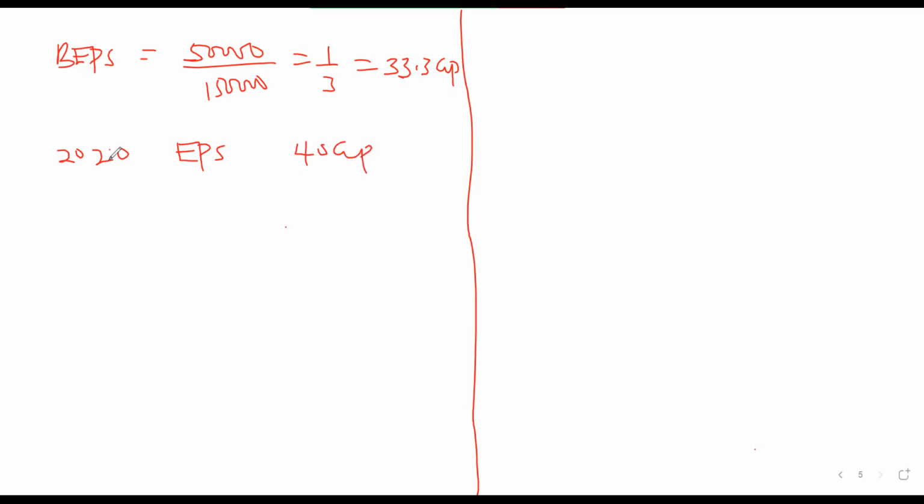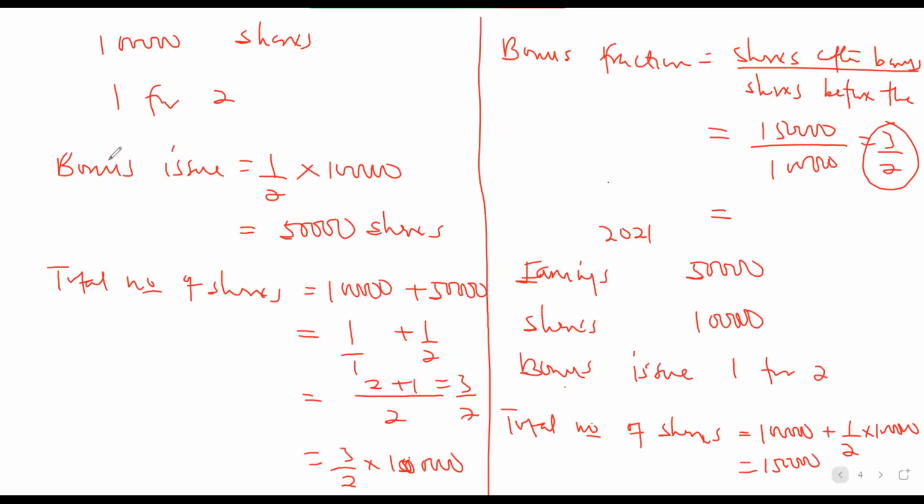We are saying that whenever there is a bonus issue, we assume that the bonus issue has been in existence since then. So it means that the bonus issue has been in existence for the previous year too.